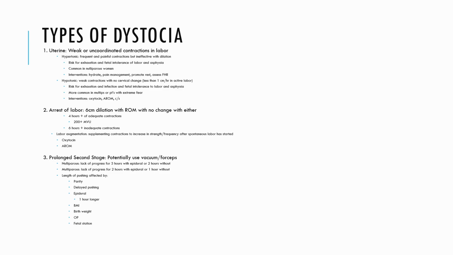This can also lead to risk of exhaustion and infection, fetal intolerance to labor and asphyxia. It's more common in multips or patients with extreme fear. And our intervention is we can try to make more contractions. So we can augment her labor with oxytocin, break her bag of water, or we might have to perform a C-section.